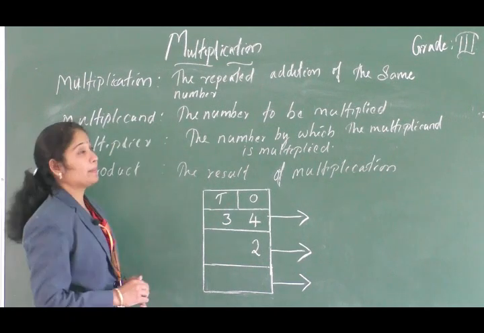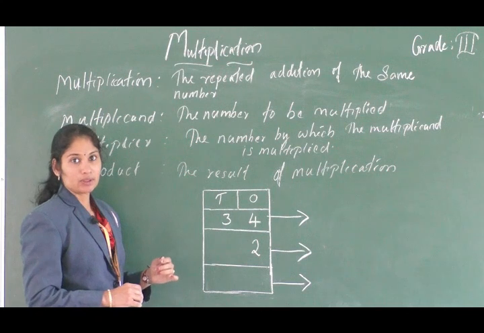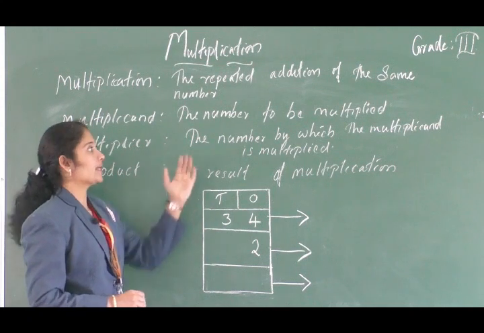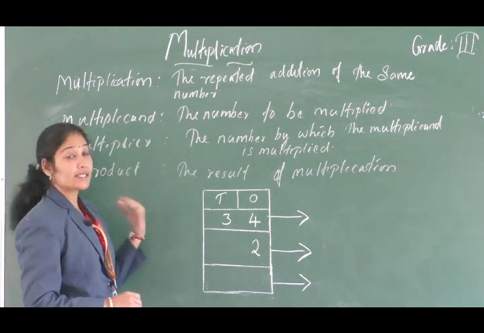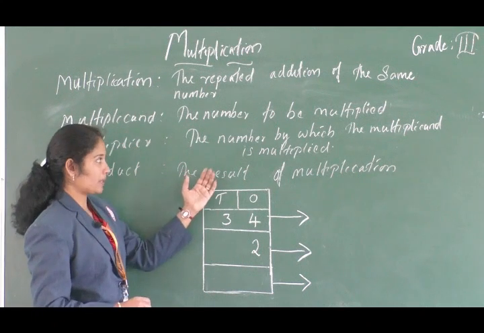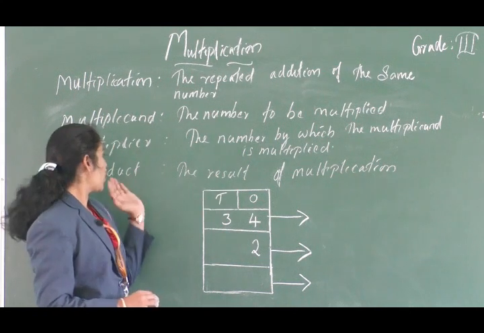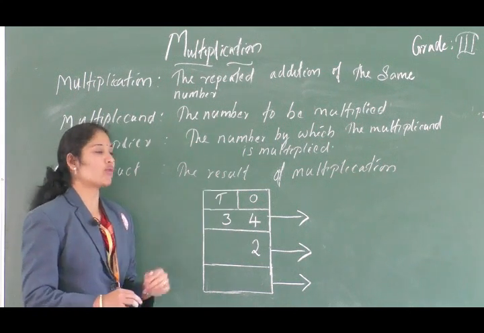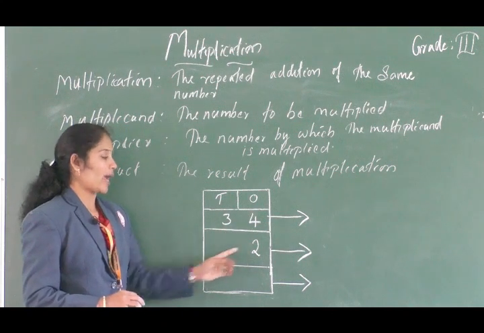Children, what is multiplication? Yes, the repeated addition of the same number. What is multiplicand? The number to be multiplied is called multiplicand. What is multiplier? The number by which the multiplicand is multiplied. What is product? The result of multiplication. We have 34 and 2.